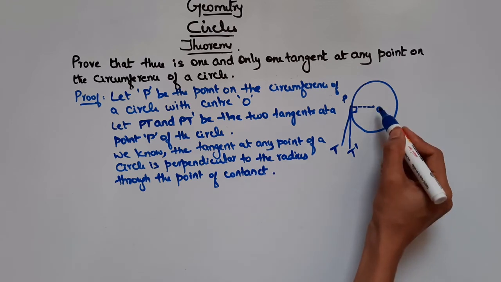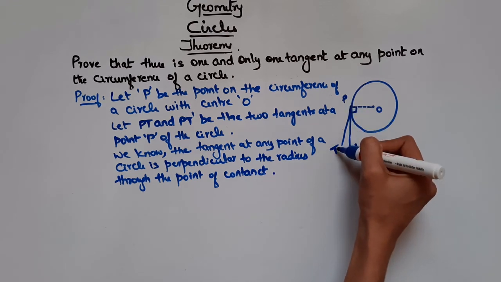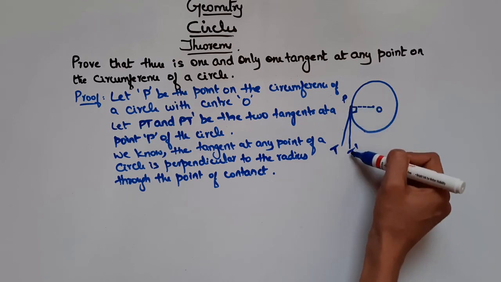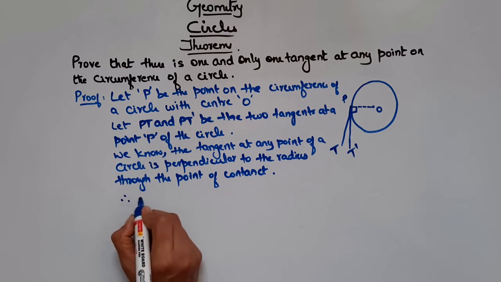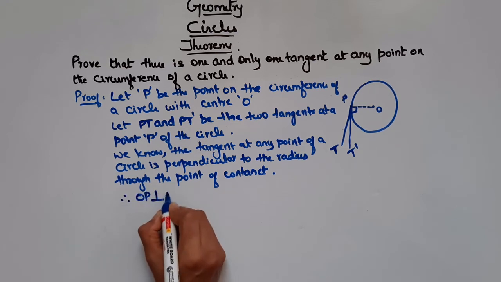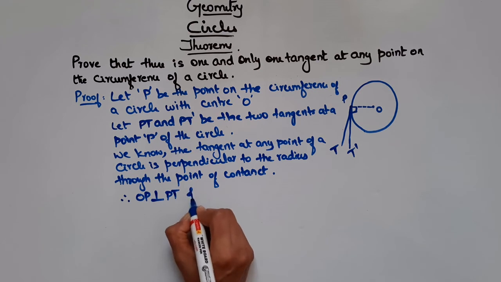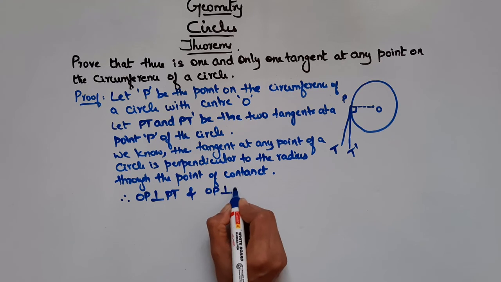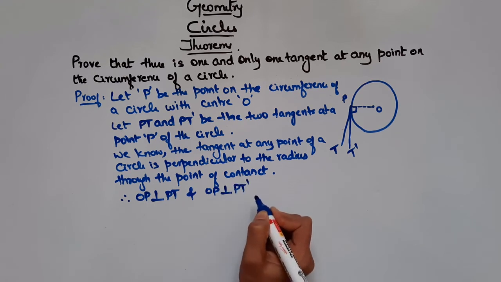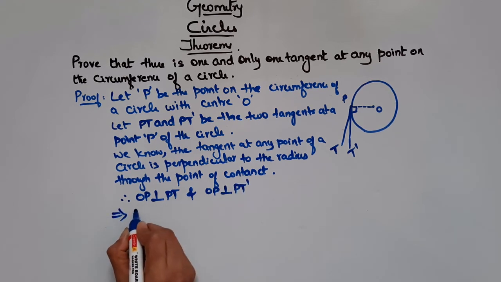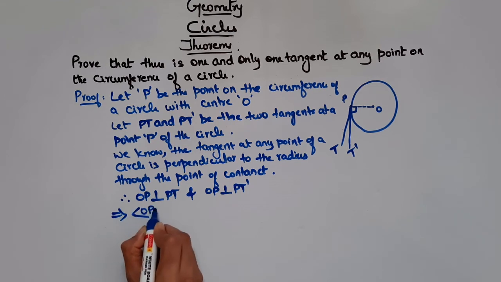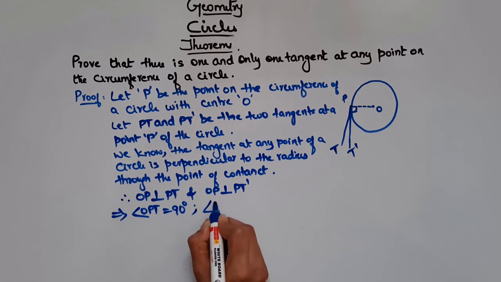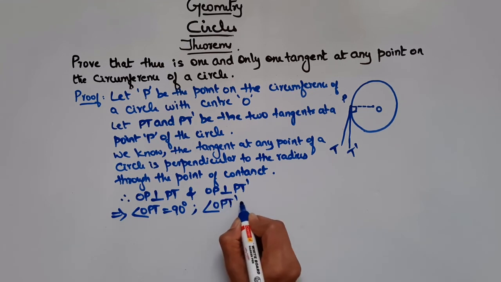So therefore we can say OP is perpendicular to PT, and similarly OP is perpendicular to PT dash. So this is nothing but angle OPT is equal to 90 degrees, and we have angle OPT dash is equal to 90 degrees.